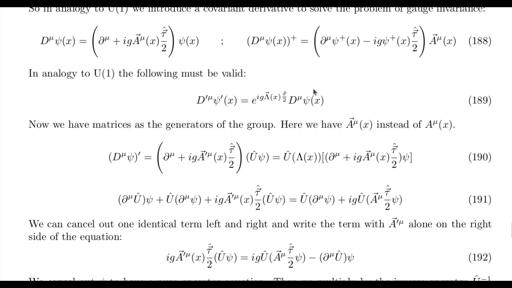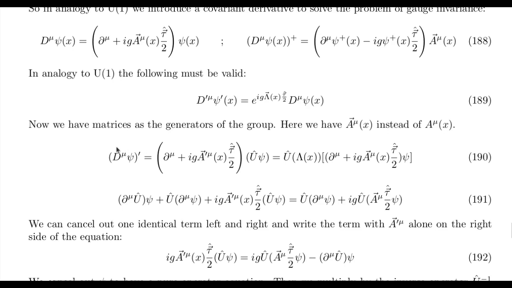Then again, the transformation of the derivative must be of the same shape as the normal derivative. Here 189. Now we write down the transformed derivative of psi, but now the covariant derivative, not the simple partial derivative.